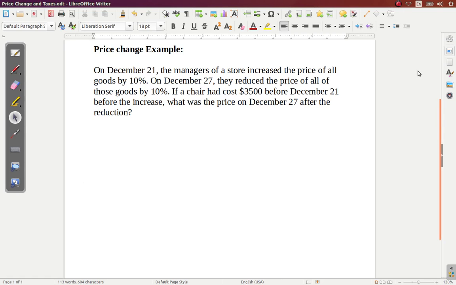I made up this example on price change. Now, before I do it, remember that you're not seeing a lot of formulas. I'm not presenting any formulas as such when it comes to consumer arithmetic, because you don't really need them, and probably I would say it's not recommended that you try to remember any formulas for this topic.